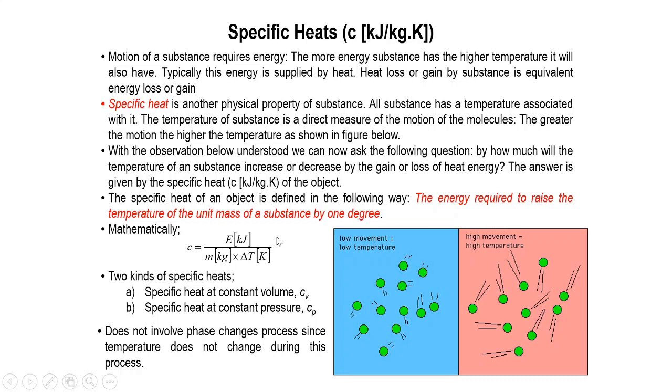So we have two kinds of specific heat. The first is specific heat at constant volume, Cv, and the second is specific heat at constant pressure, Cp, and it does not involve a phase change process since the temperature does not change during this process.